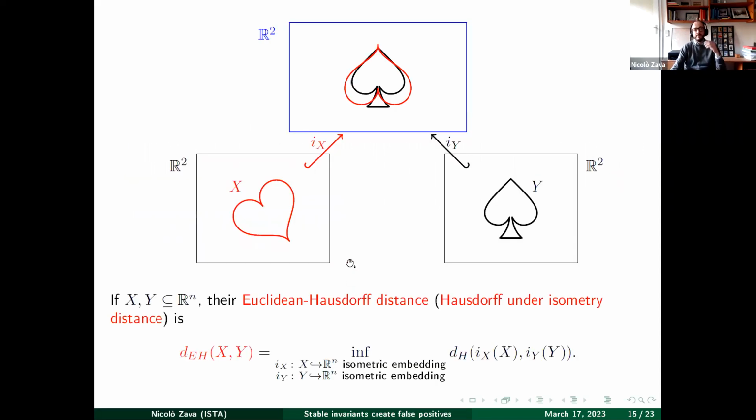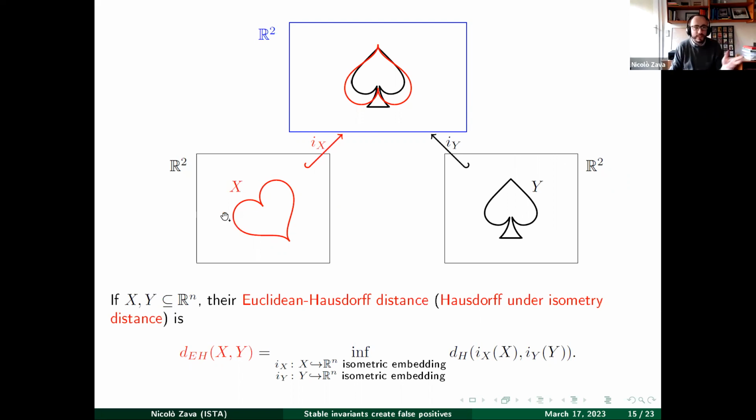What if our metric spaces are not arbitrary metric spaces, but actually subspaces of some R^n? Then, instead of considering embeddings into any metric space, let's just consider embeddings into R^n.